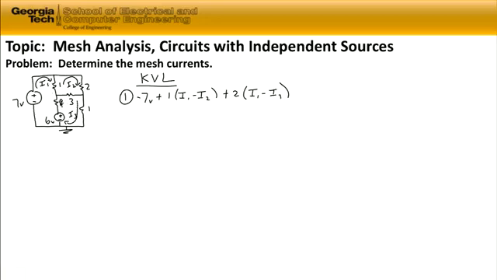I3 is going the opposite direction, so it has a negative polarity associated with it. We then have the 6-volt source. So we have plus 6 volts, since we have the positive polarity of the 6-volt source first, and that's equal to 0. Because as we go around this loop, starting at the lower left-hand corner, we encounter those 4 voltage drops back to our original starting point.